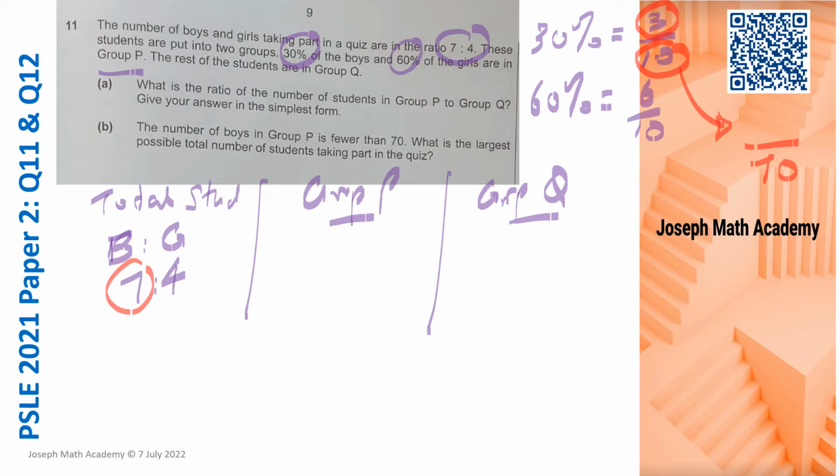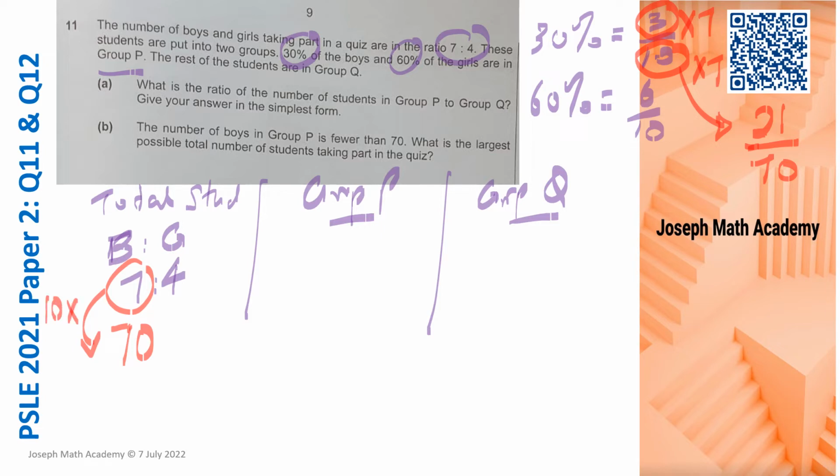Alright, so to get 30% to have a denominator 7, I need to multiply it by 7 to get its equivalent. So this is my 21 here. Okay, so if this is 21, right, then this I need to get its 70. So I have to times 10 here.